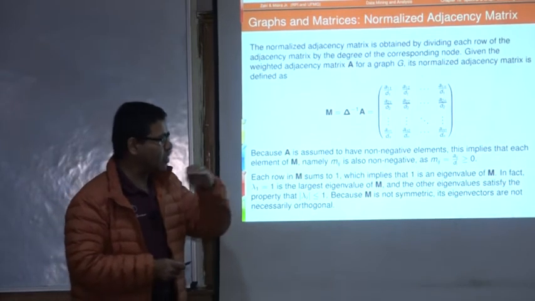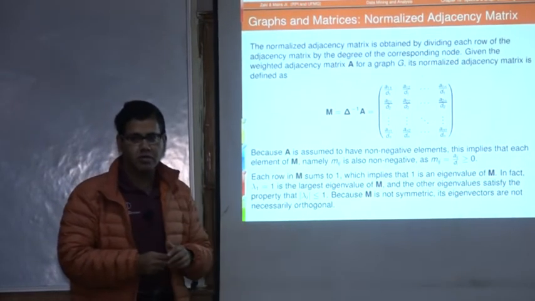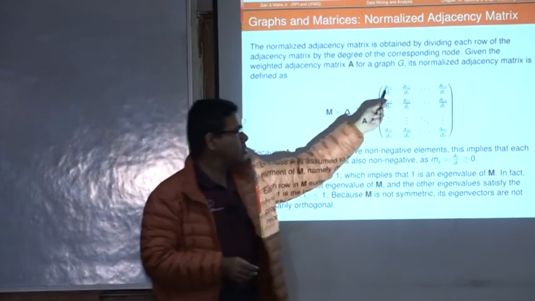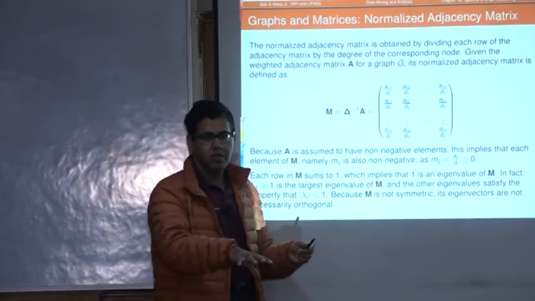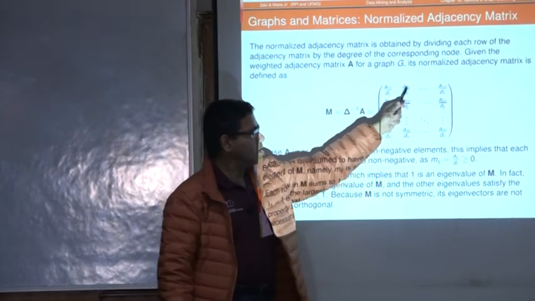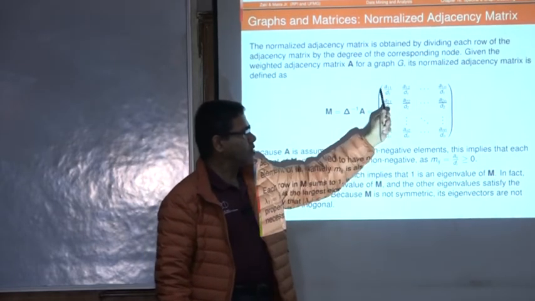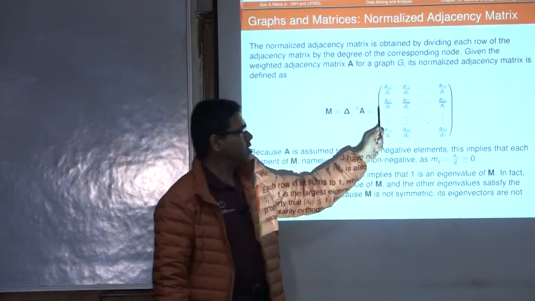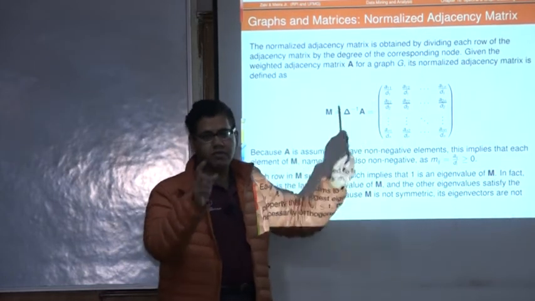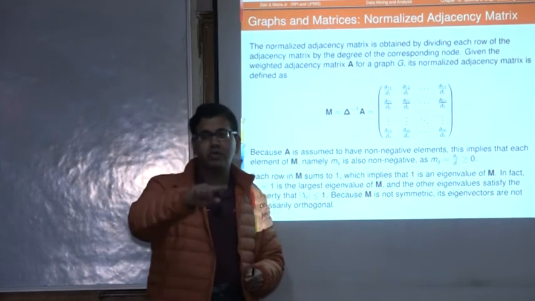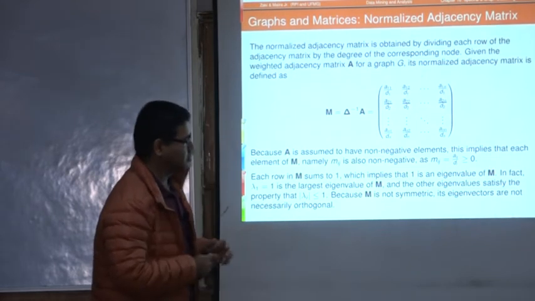So this is now a fraction. What is the probability that you remain? The diagonal entries tell us the probability that you remain in the same vertex, and every other transition tells you how I can go from 1 to 2, 1 to n. This is the other way around. How can I go from 2 to 1? That probability is now different. Jumping from 2 to 1 is different from jumping from 1 to 2. So it's no longer a symmetric matrix.